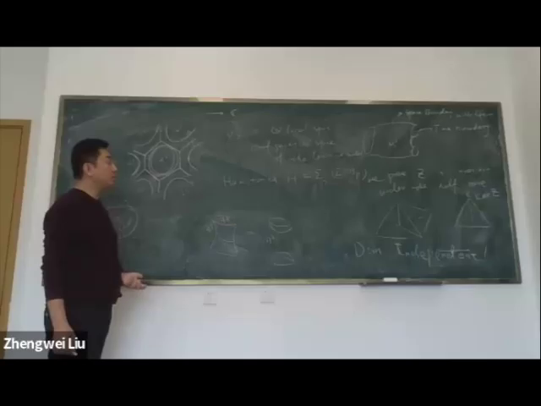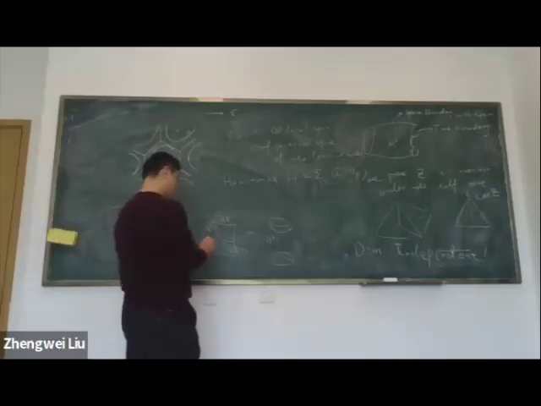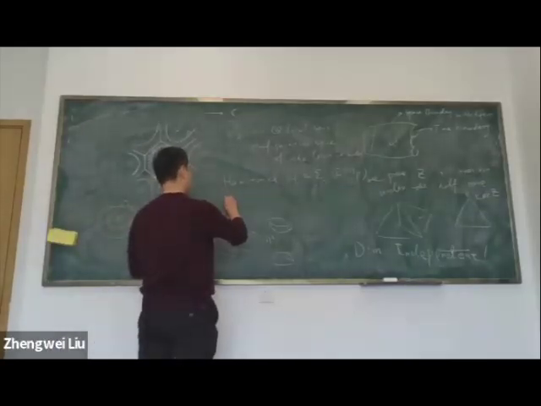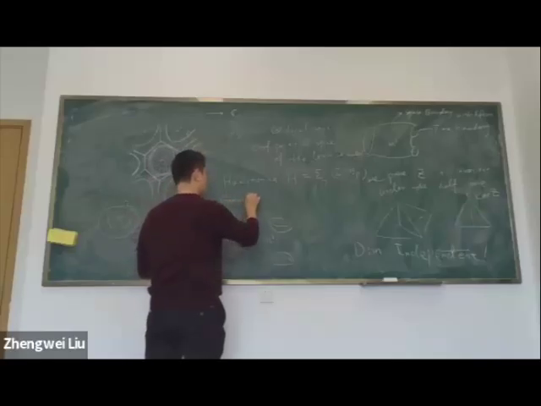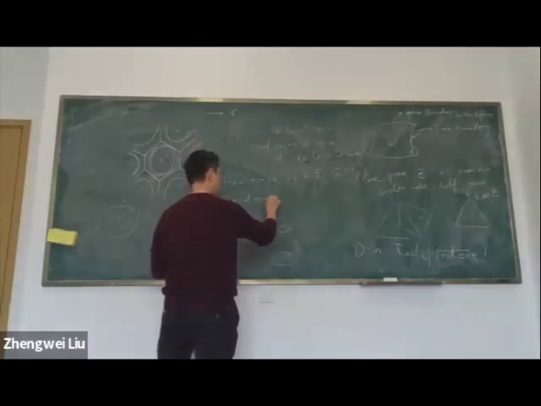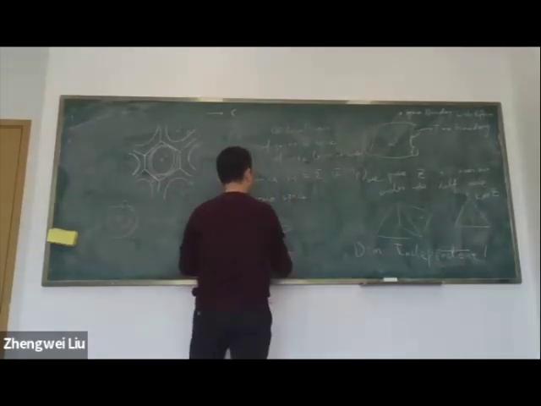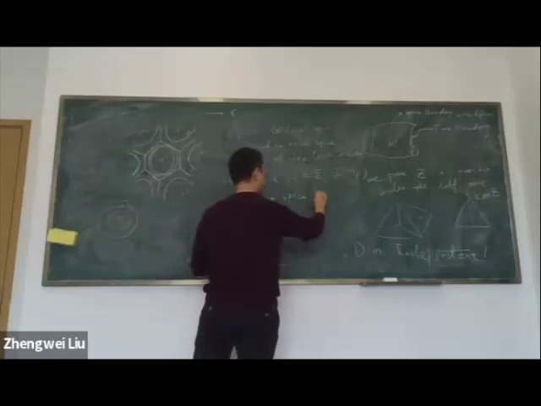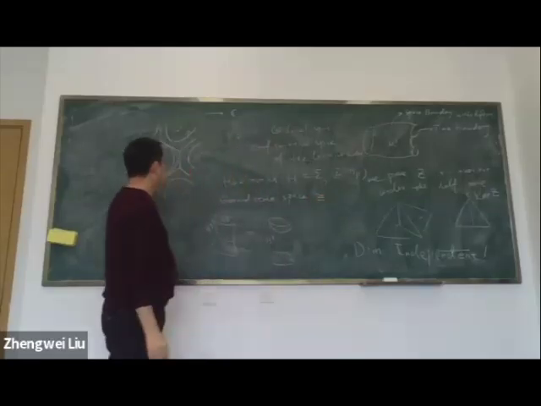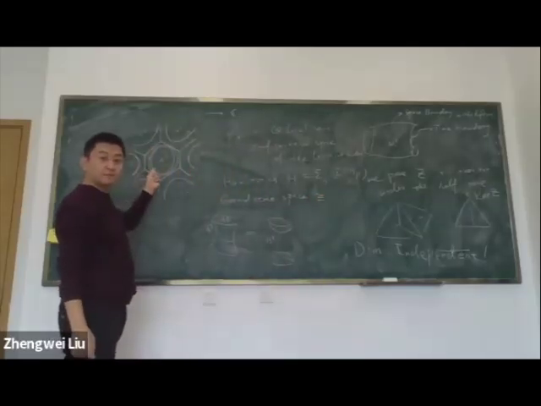So essentially, the ground state space will be just isomorphic to the vector space without holes, without the A color part.